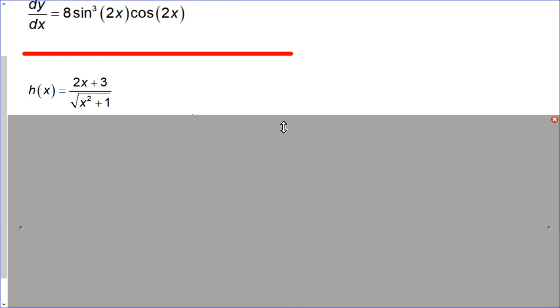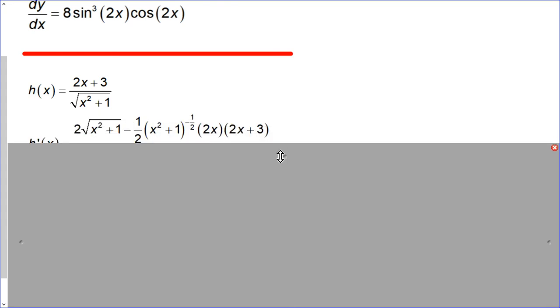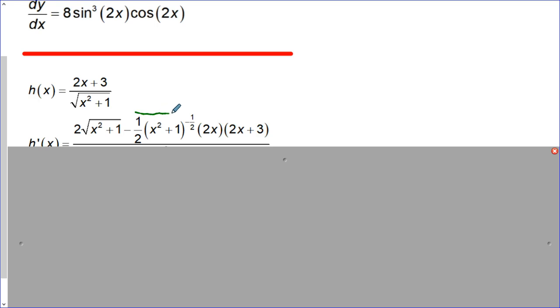The derivative of the square root of something, or something to the half, is a half of that thing to the minus a half times the derivative of the inside piece. So you shouldn't be too surprised to see half x squared plus 1 to the minus a half times 2x. All of this that I'm overlining here is the derivative of the denominator multiplied by the numerator.